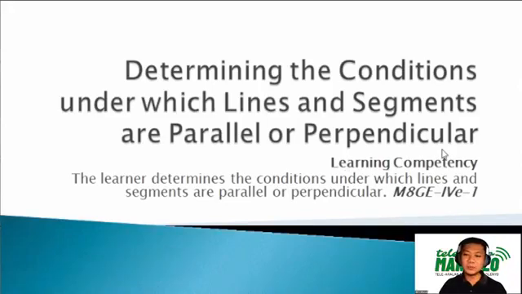Throughout the episode, we will learn how corresponding angles, interior and exterior angles, are used in theorems to prove parallelism and perpendicularity. So, bring out your paper, pencil, and snacks. Take your most comfortable seat and let's get started.